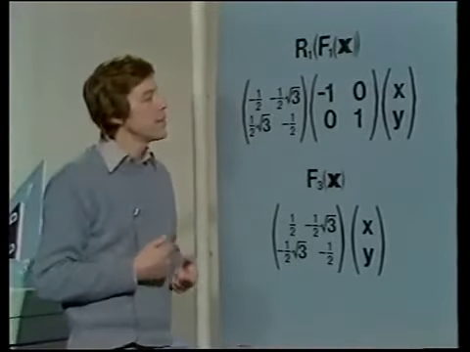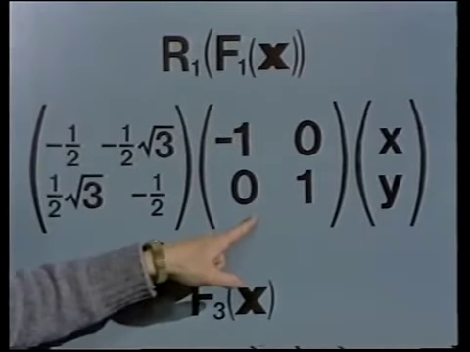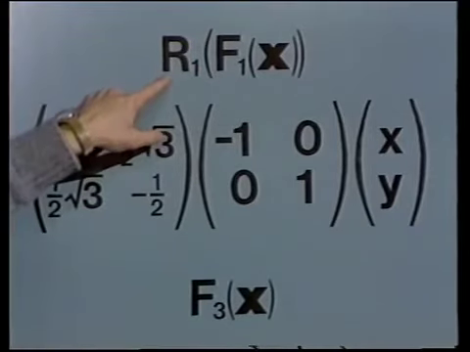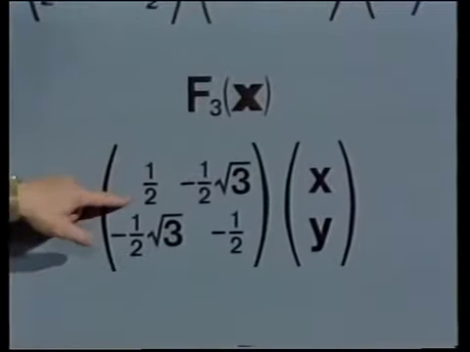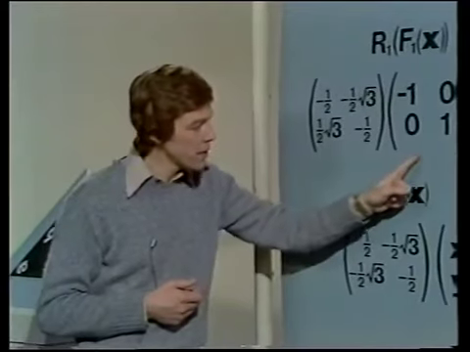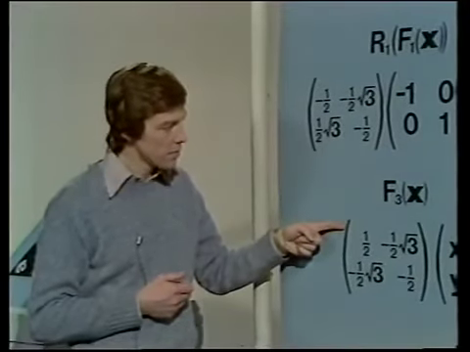Well, we've seen that the matrix corresponding to F1 is this matrix. And this matrix corresponds to R1. And F3 is represented by this matrix. In other words, the combination of these two matrices produces this matrix.